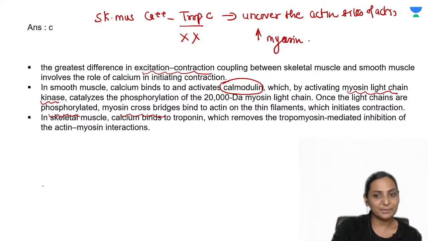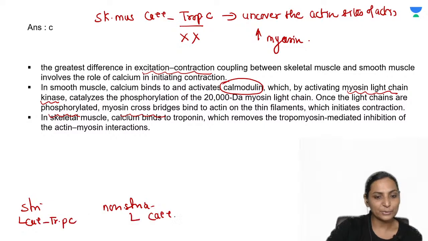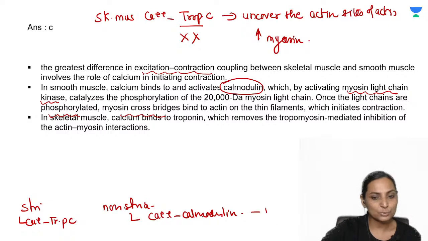So the major difference in the contraction of skeletal muscles, or you can say in the contraction of the striated muscles and the non-striated muscles, is that in the striated muscles the calcium is going to bind with troponin C, whereas in the non-striated the calcium is going to bind with calmodulin, and therefore the whole mechanism is going to change. So this calcium calmodulin is associated with myosin.